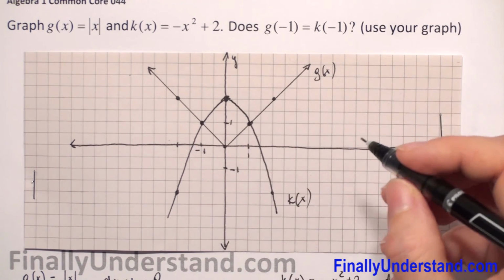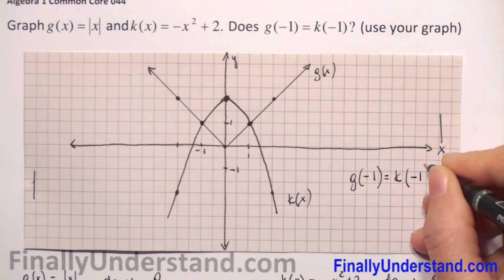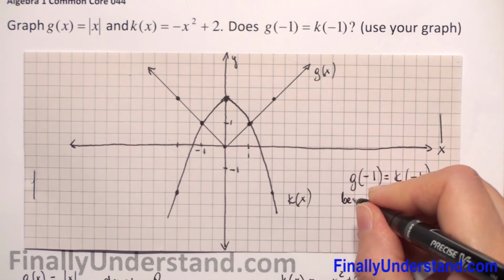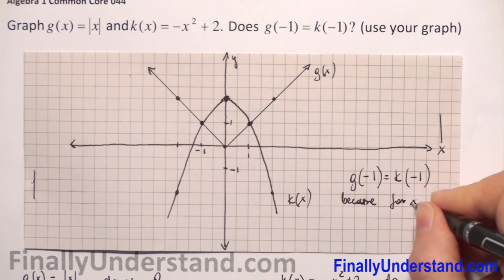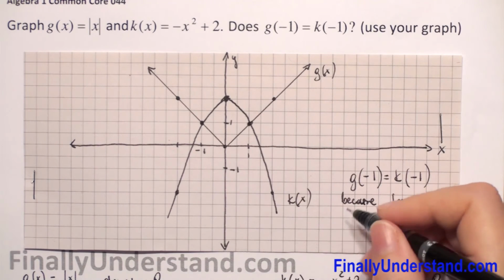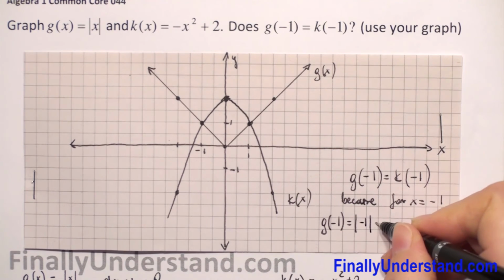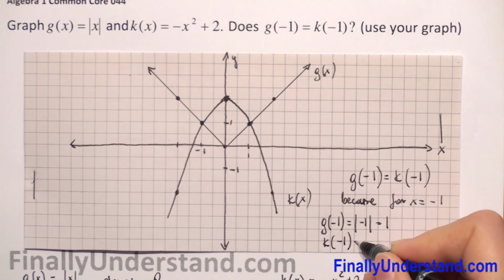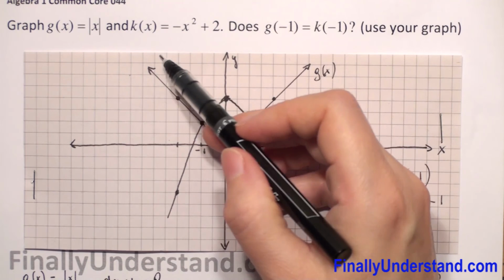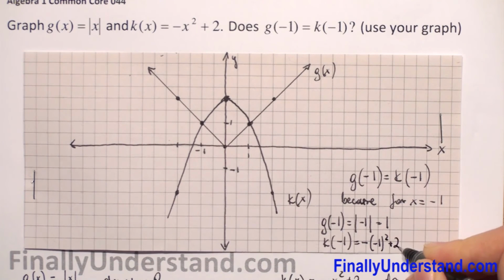So we can write that g of negative 1 is equal to k of negative 1 because for x equals negative 1 we have that g of negative 1 is equal to the absolute value of negative 1, which is equal to 1, and k of negative 1, we substitute into the formula of our function x by negative 1, so the negative sign we copy, negative 1 to the second power plus 2, so this is equal to 1.